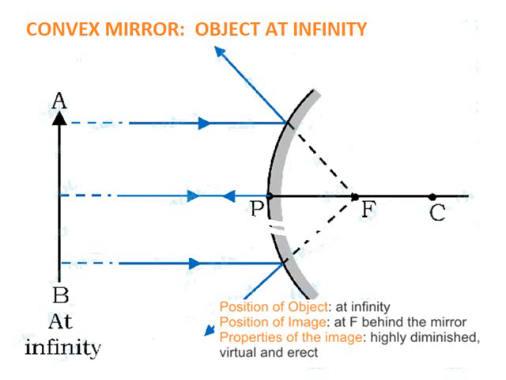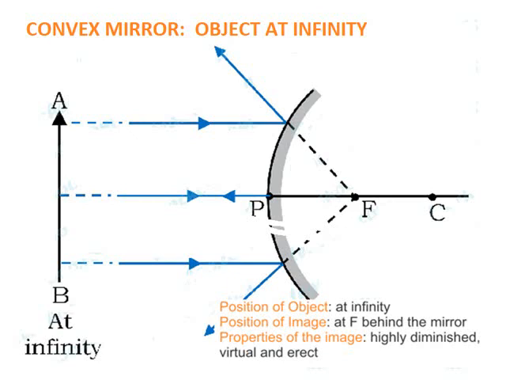So when an object is kept at infinity in front of a convex mirror, you get the image at the focus on the other side of the mirror. So the image size is very pointed.